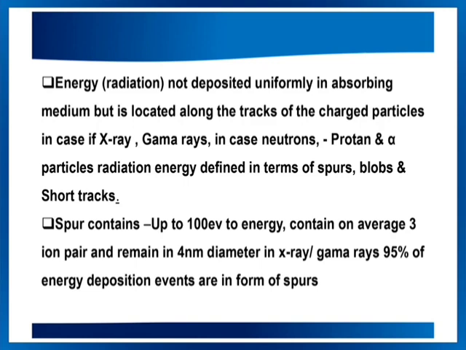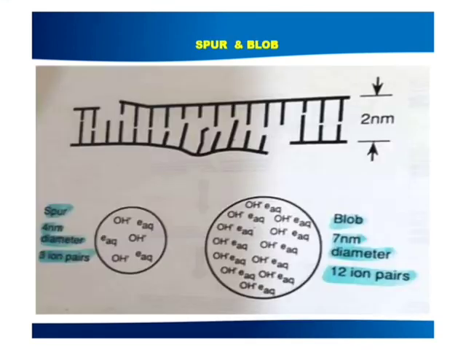There is another form of energy deposition in the form of a blob, which covers a wider area, 7 nanometer diameter, and it contains 12 ion pairs, almost 4 times higher than the spur, and the diameter is also 2 times higher than the spur.